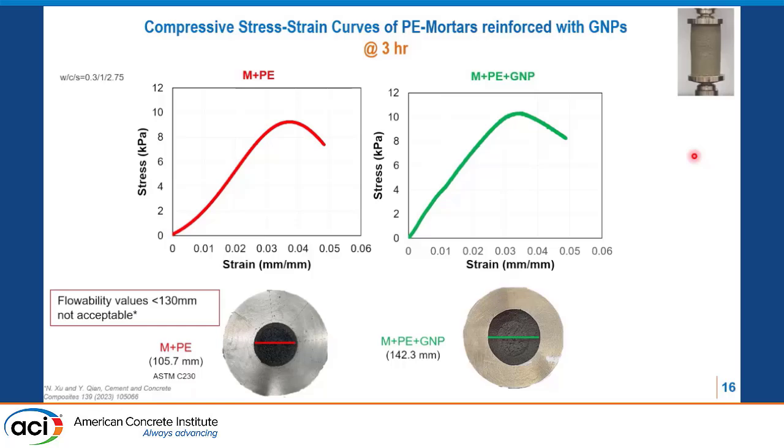The addition of superplasticizer only slightly improves the flowability, but still the slump values are below the 130 millimeter flow. What we see, however, with the addition of few-layer graphene nanoplatelets, is that we enhance the flowability, and now we are at the acceptable value of 142 millimeters.